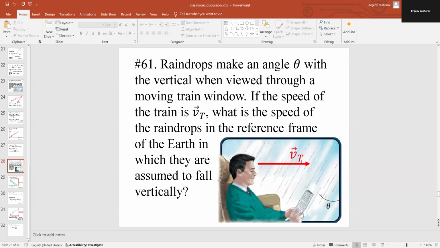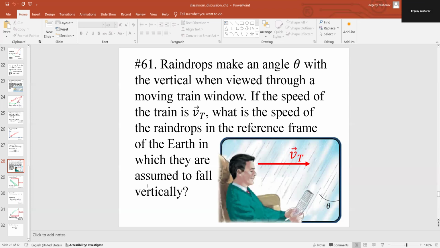You will see how rain looks not vertical, but at a certain angle. And the speed of the train is given. And the question is, what's the speed of the raindrops in the reference frame on the Earth?